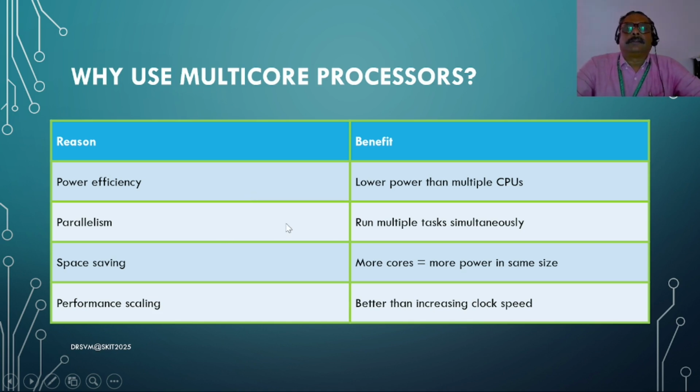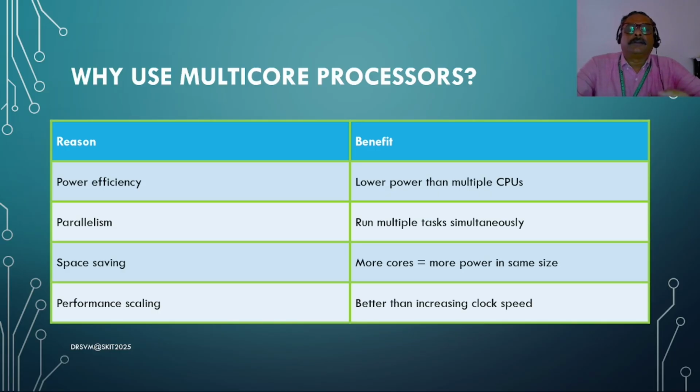Then we can run tasks in parallel, so multiple tasks can be run simultaneously because each core can take up one task individually. Then we can save space, because with the improvement in VLSI technology the size is shrinking, and in the available space we can have more cores than separate chips, one for each processor.